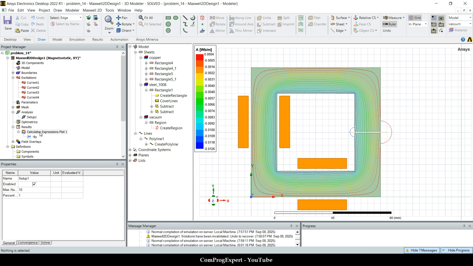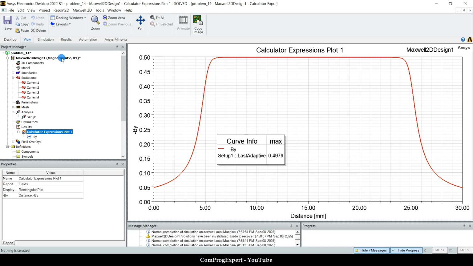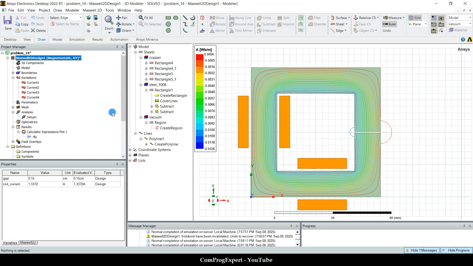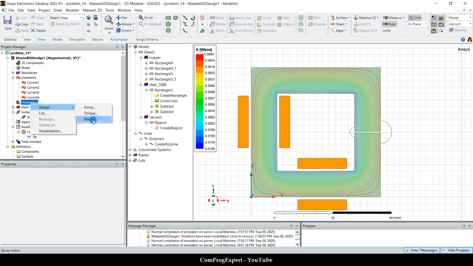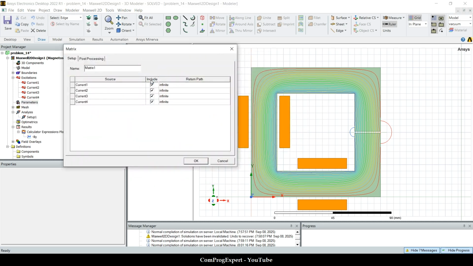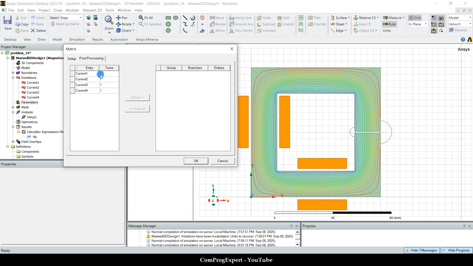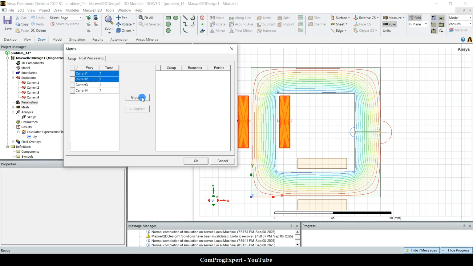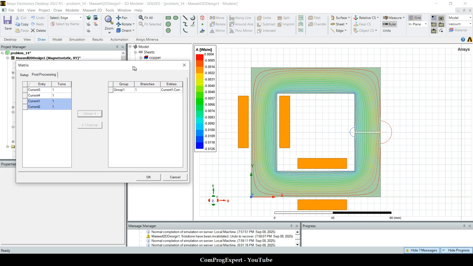So here is the flux in air gap, and now I am going to calculate the inductance. Here we can define this matrix. I include all excitations. The current 1 and 2 are in one group.